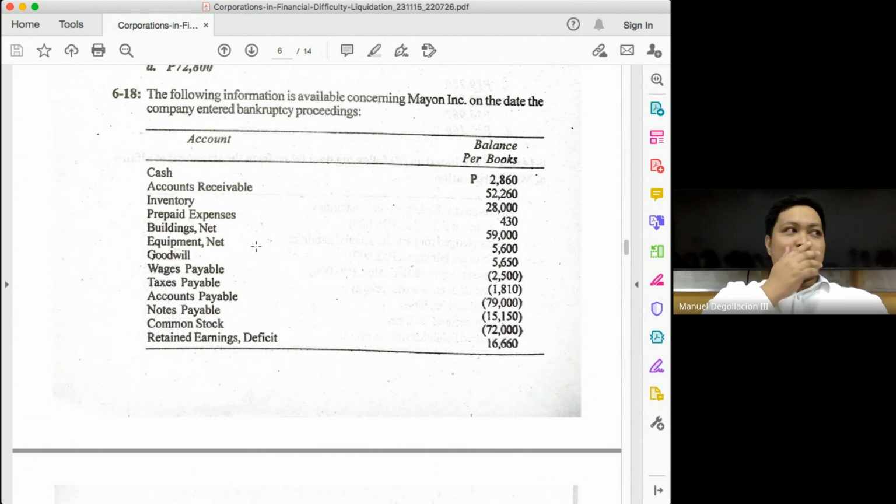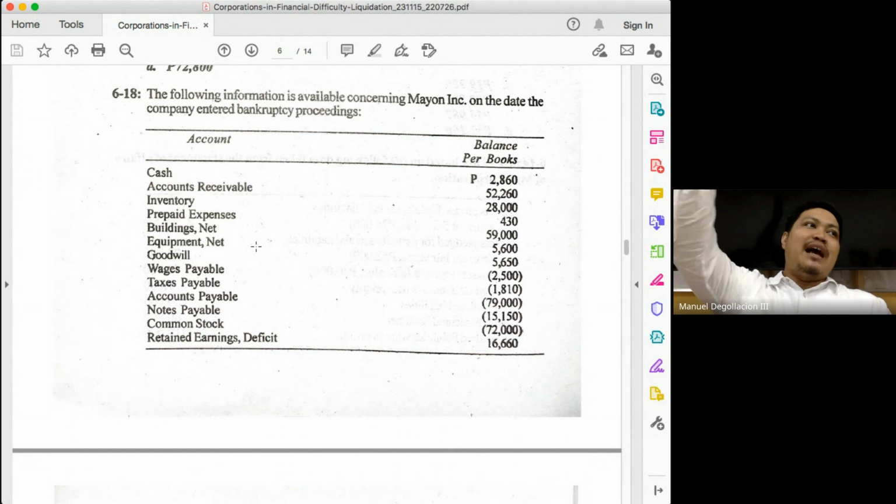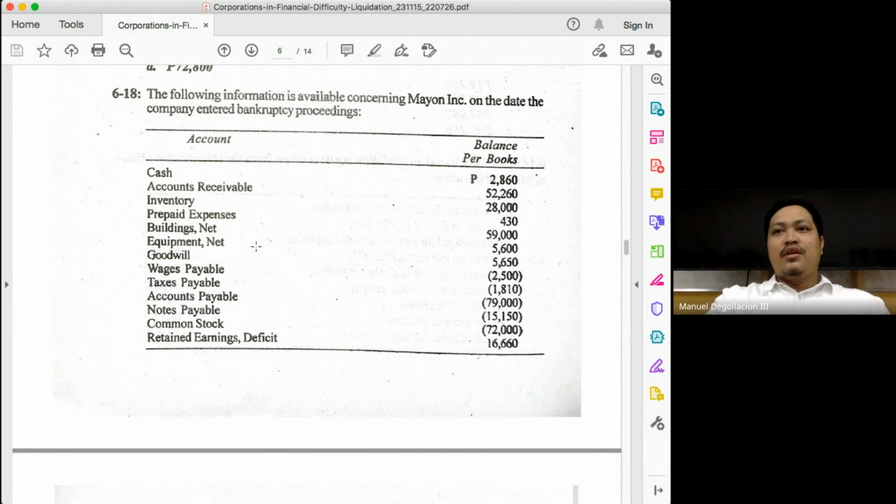And this is where students would get it wrong. There will be problems that will tell you the book value of the assets approximates their fair values. In that case, the book value will just be used as the fair value. But you're expected to know, class, that goodwill and prepaid expenses will have a fair value of zero.